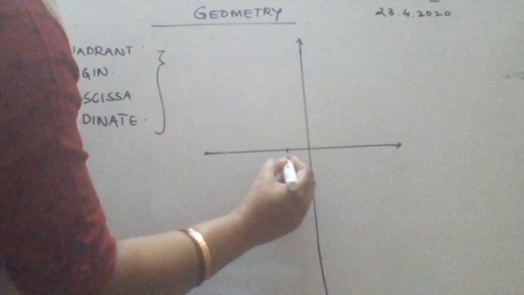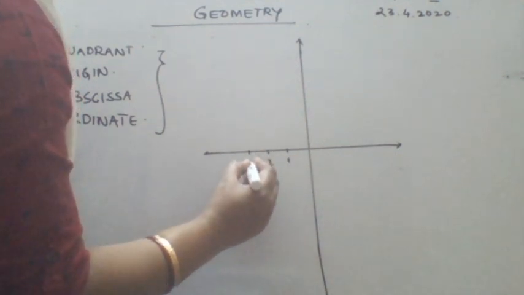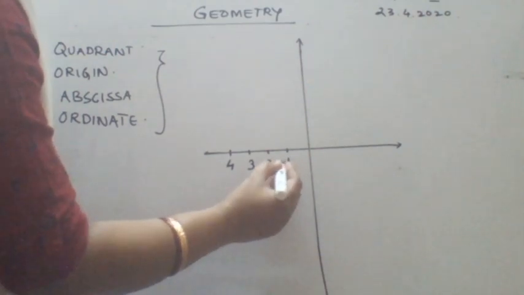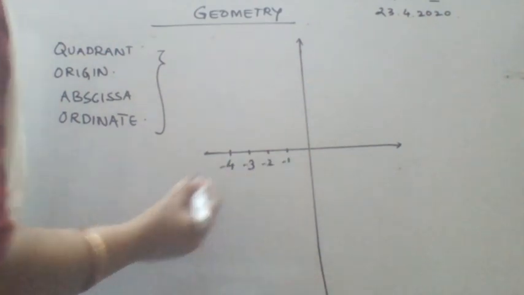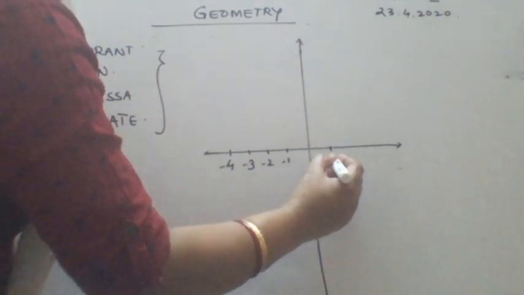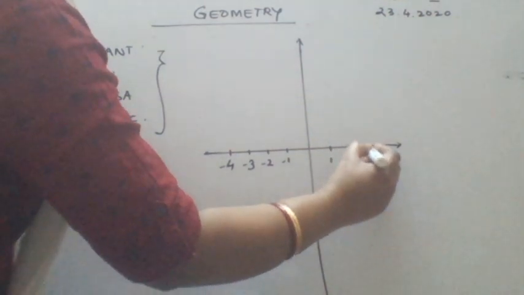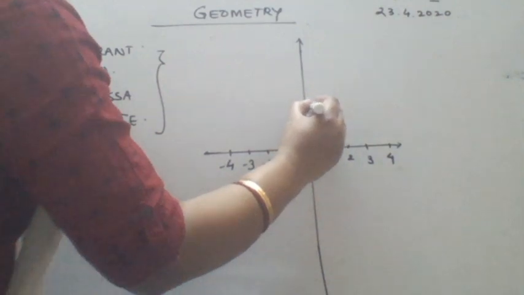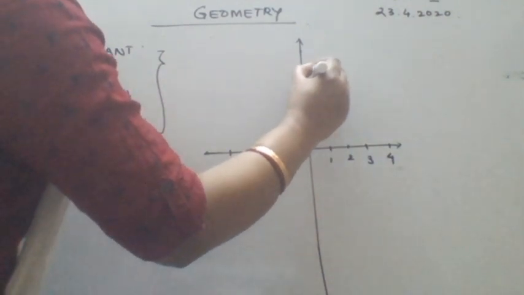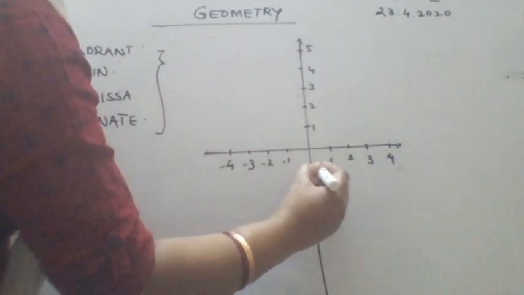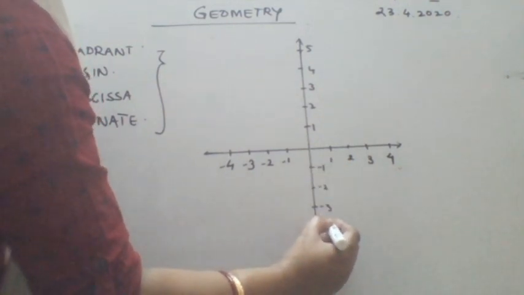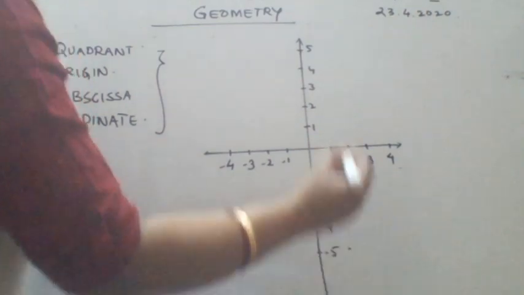Say 1, 2, 3, 4. Is that positive over here? No. This is the negative axis. And this one is your 1, 2, 3 and 4. Then again this is 1, 2, 3, 4 and 5. This is -1, -2, -3, -4 and -5, like this.